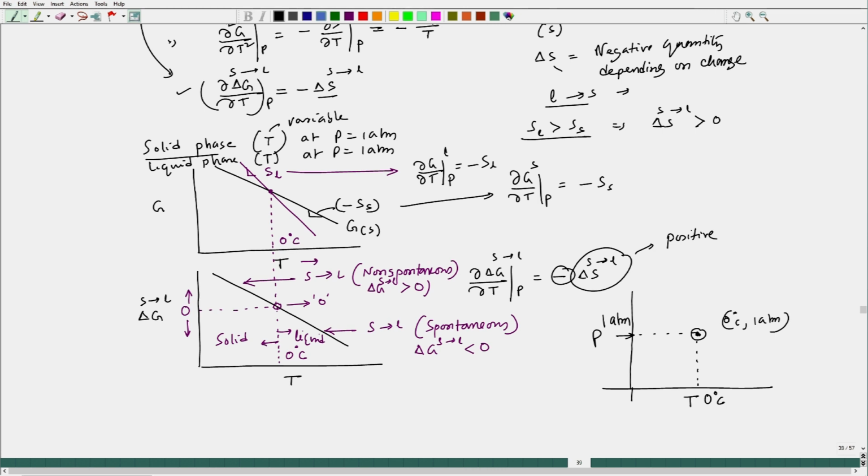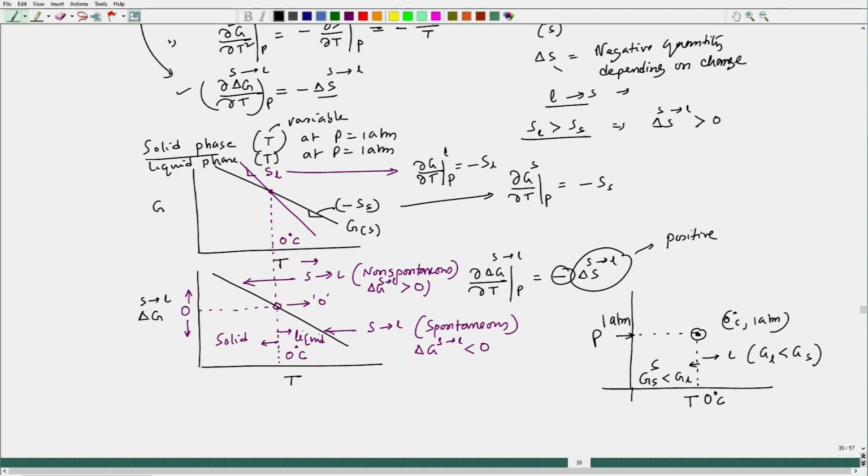Now, if I keep the pressure constant, below this point solid, beyond this point liquid would be stable, because the free energy value of liquid is lower here, G L less than G S, and here G S is less than G L. Okay.